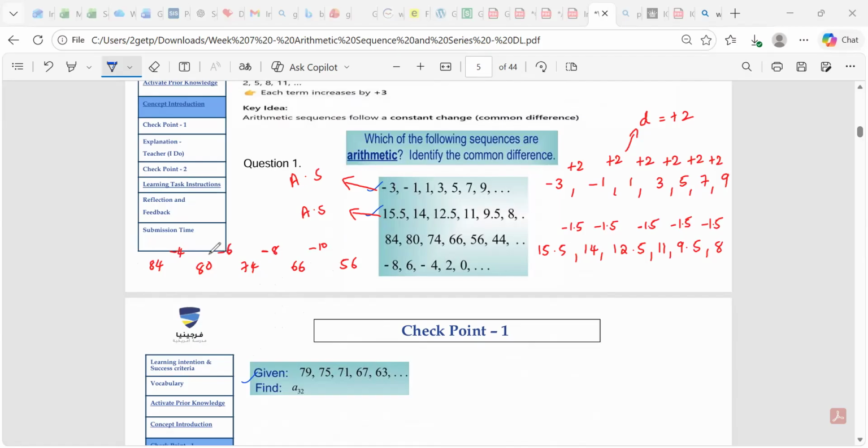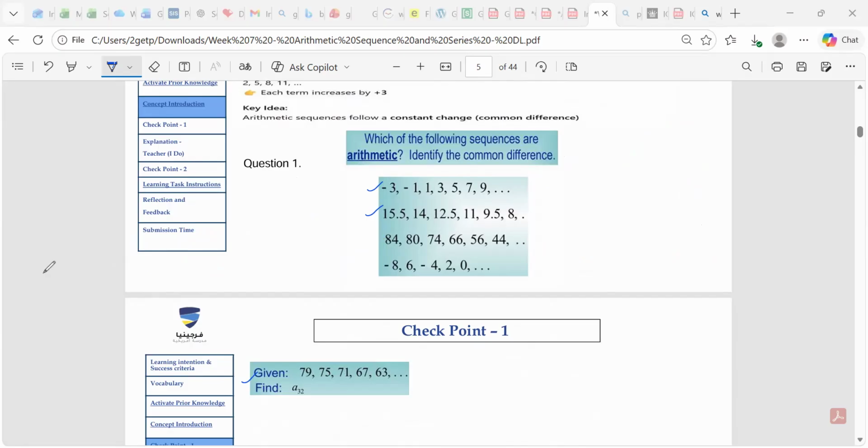Do we have a common difference here? No. So therefore, this is not an arithmetic sequence. This is how we generally find out whether the given set of numbers is an arithmetic sequence or not.